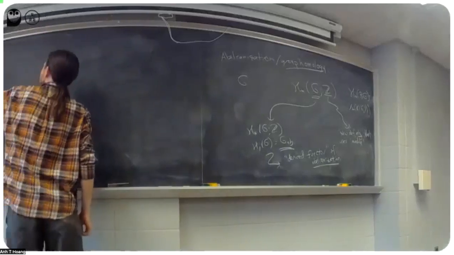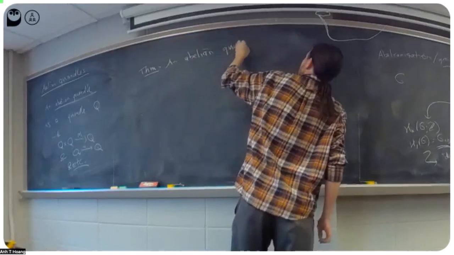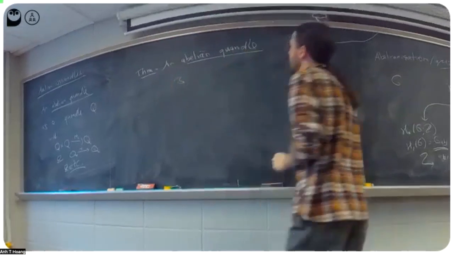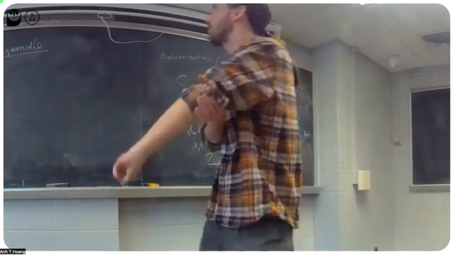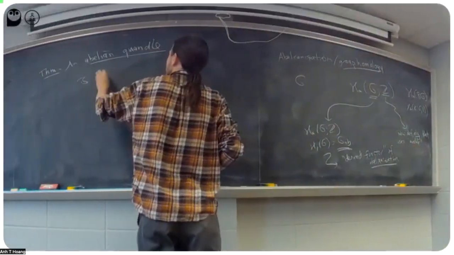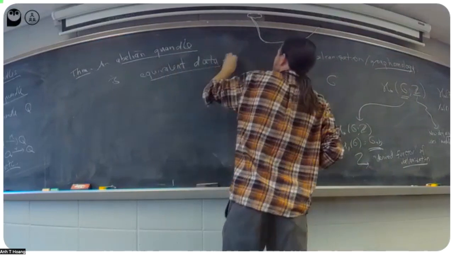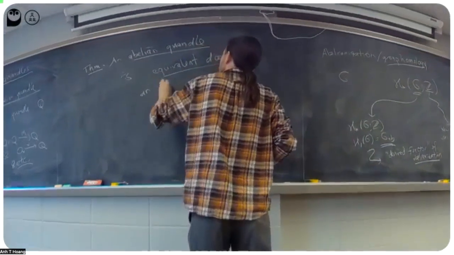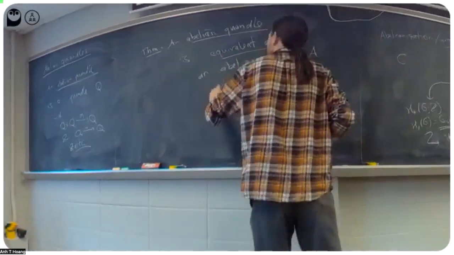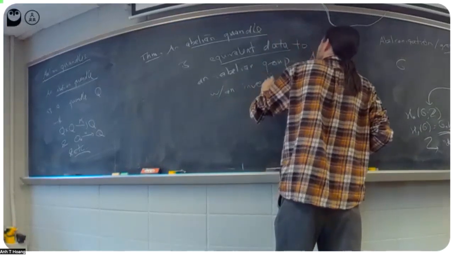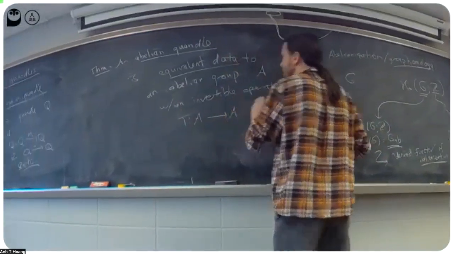And there it is. An abelian quandle is, more specifically, equivalent data to an abelian group A with an invertible operation P that goes from A to itself.